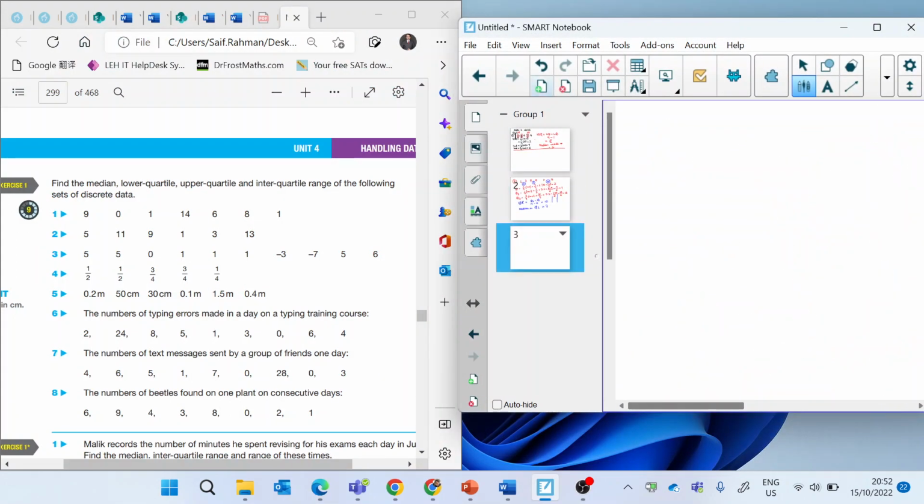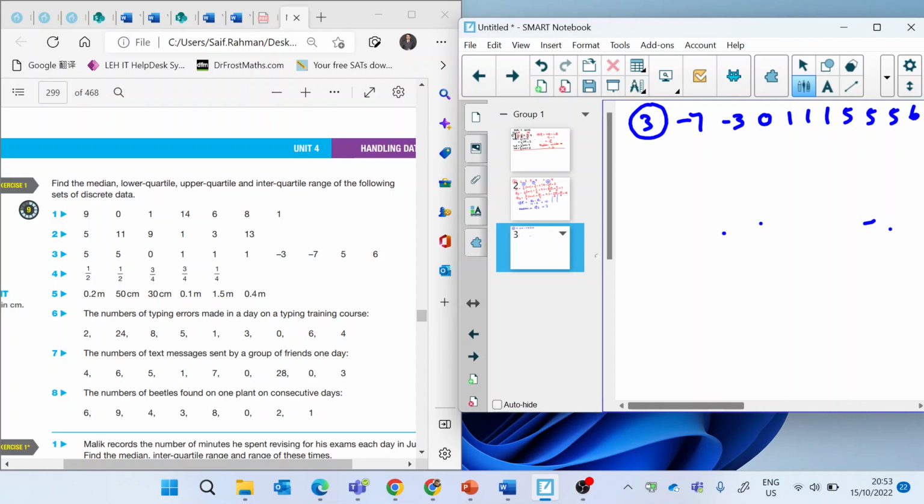We write the numbers from lowest to highest: -7, -3, 0, then three 1s, then three 5s, and a 6.